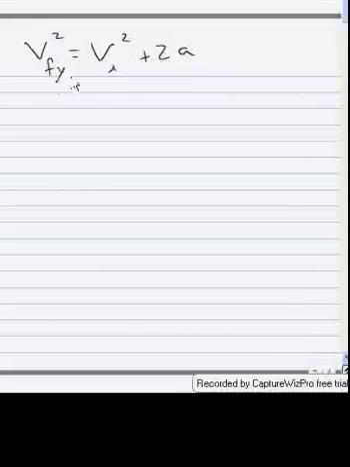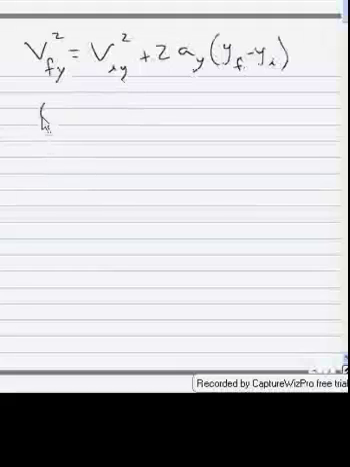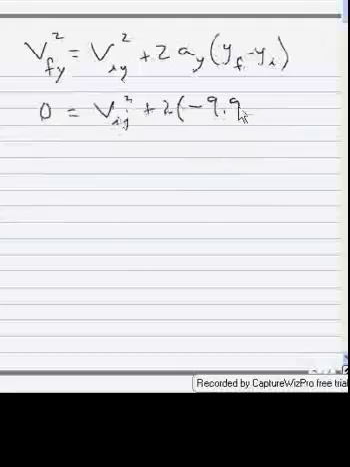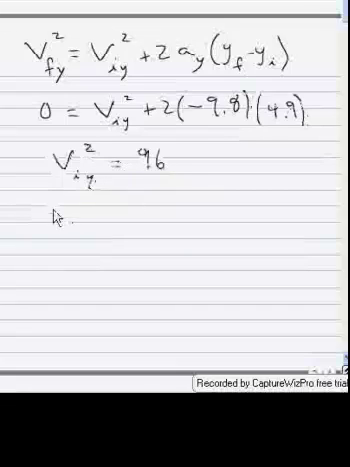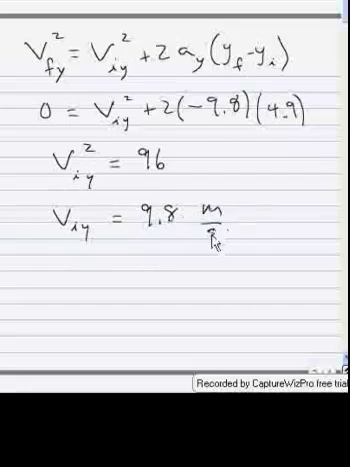These are all, of course, in the y direction. 0 is my V initial squared plus 2 times my acceleration, negative 9.8, and 4.9 is my delta y. So I've got V initial squared is 96, and V initial in the y direction is 9.8 meters per second.